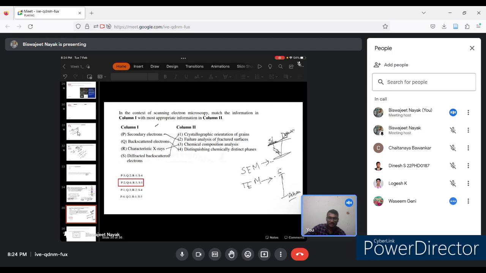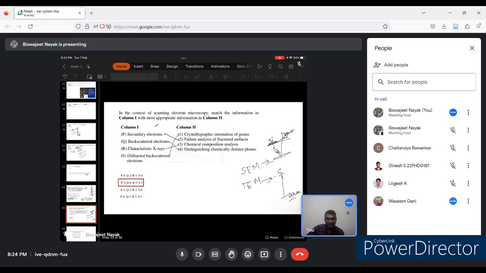As you will learn in the future SEM course, these different electrons have different energies, and accordingly they will determine what type of information we want.